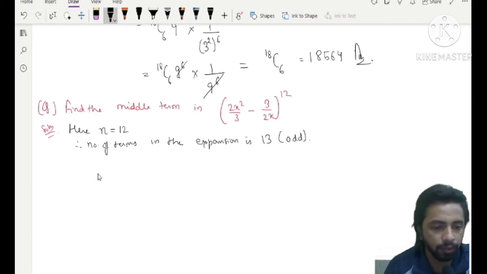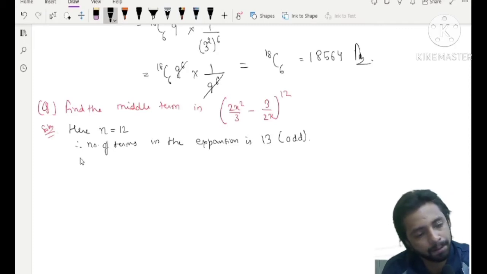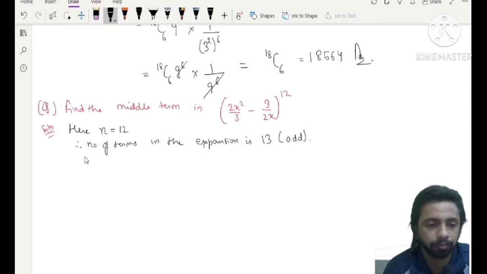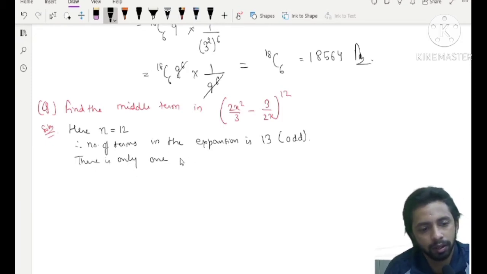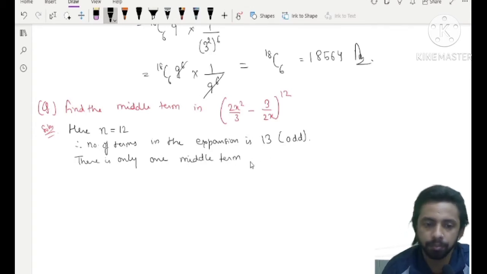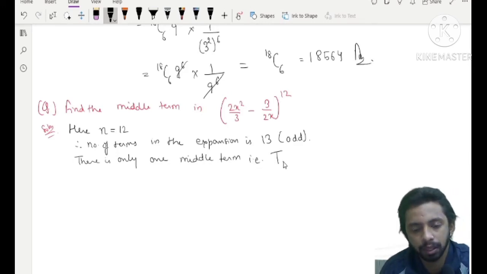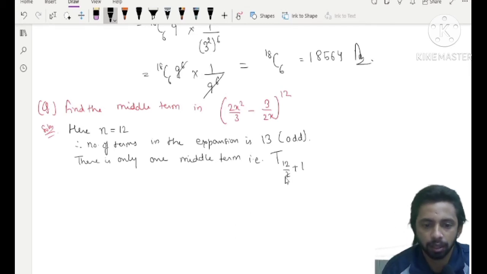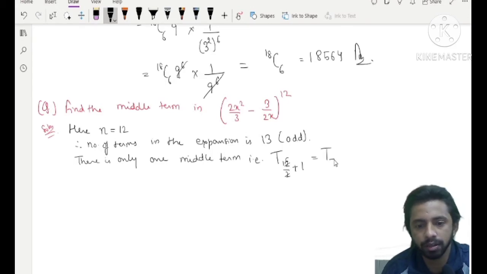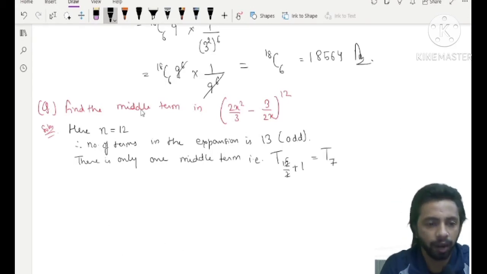So that means we will have only one middle term, that is t of 12 by 2 plus 1, which is equal to t7. So you have to find that middle term. The middle term is t7. Don't just leave the answer here, calculate what is t7.